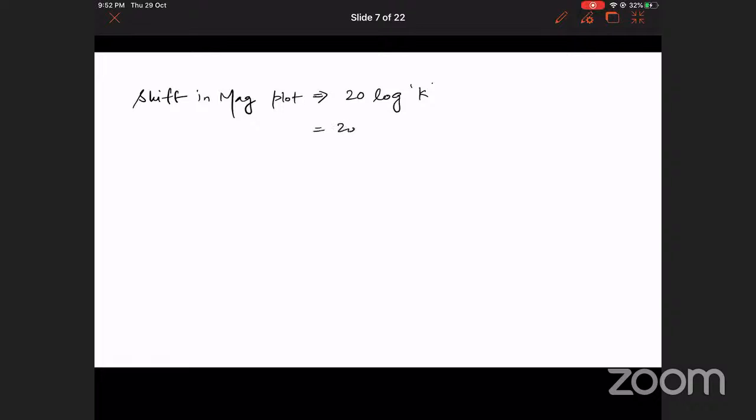So the shift becomes 20 log of 0.0032. If you calculate it, you get minus 50 decibel. What that means is, whatever magnitude plot you have plotted, guys, you have to shift it by minus 50 decibel.